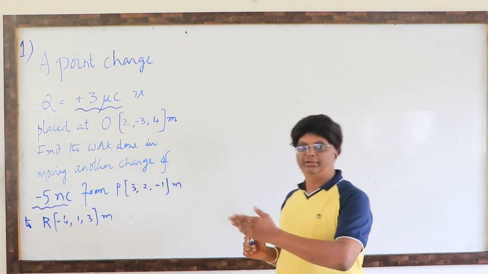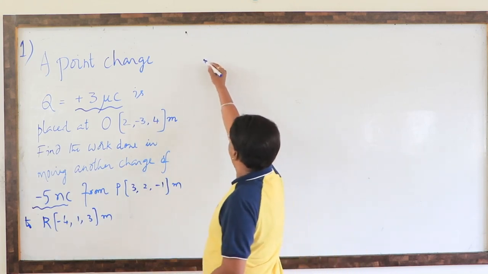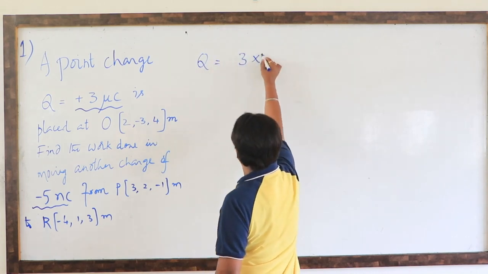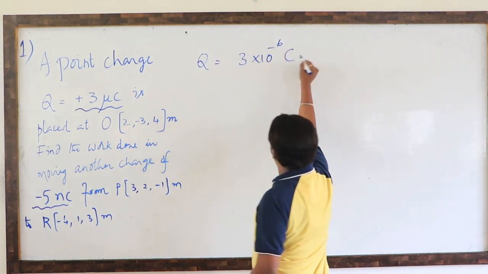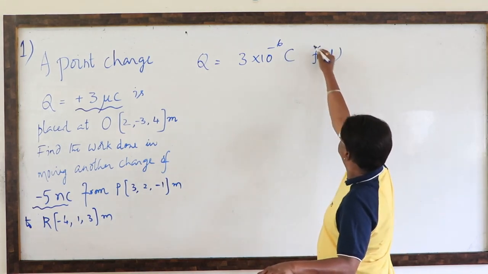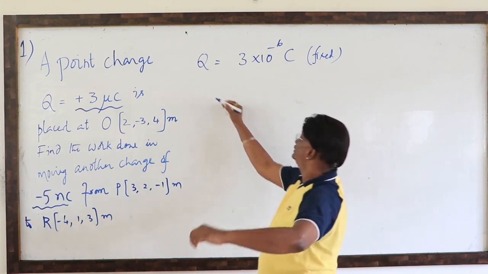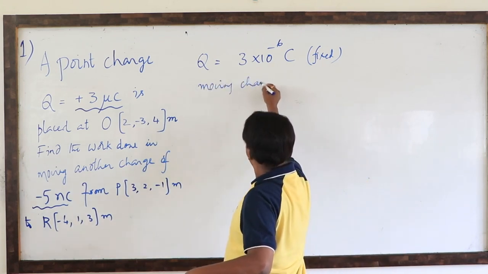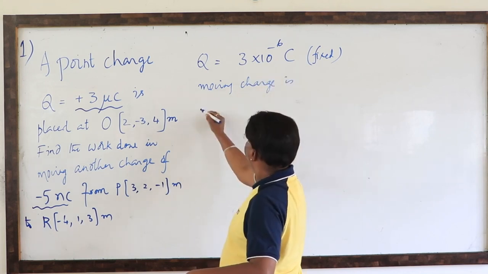First, let me write the data. The data says that Q, the capital charge, is 3 microcoulomb. 3 microcoulomb is the fixed charge, and the moving charge is small q.